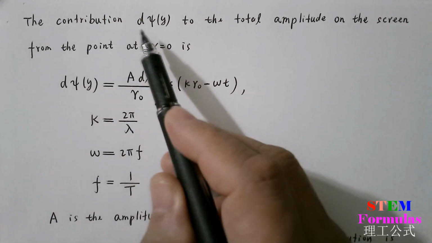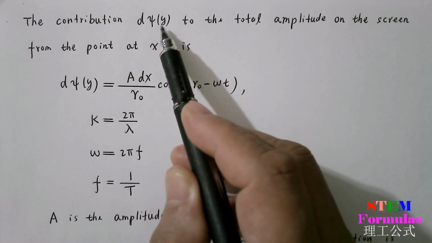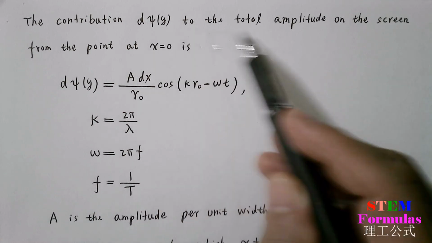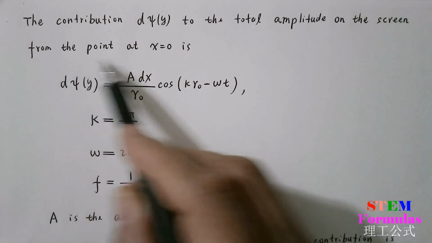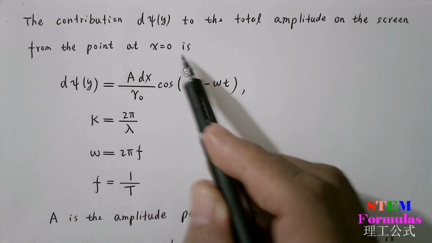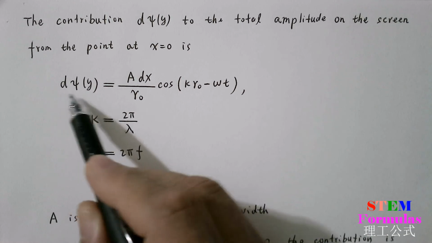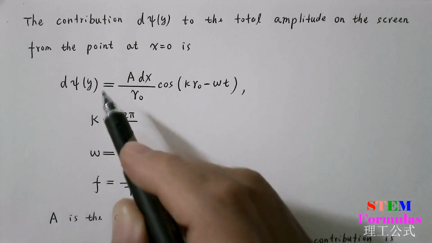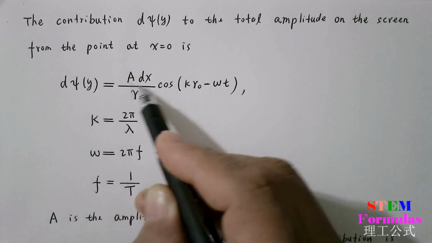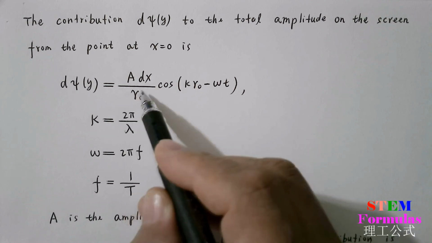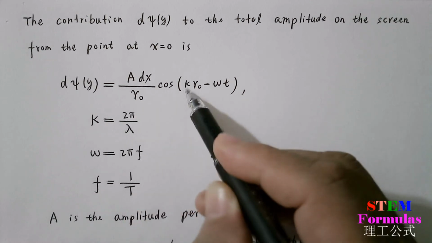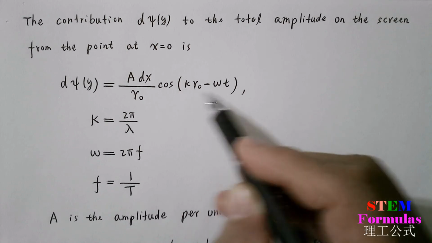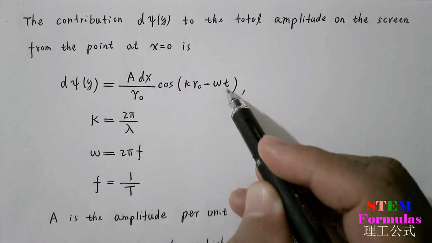The contribution d psi at point y to the total amplitude on the screen from the point at x equal to 0 is d psi y equal a times dx divided by r0 times cosine k r0 minus omega t.